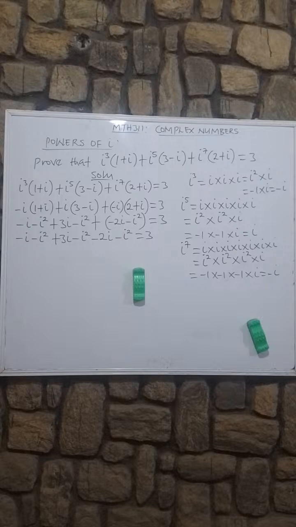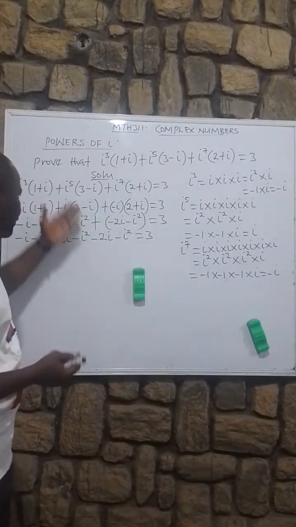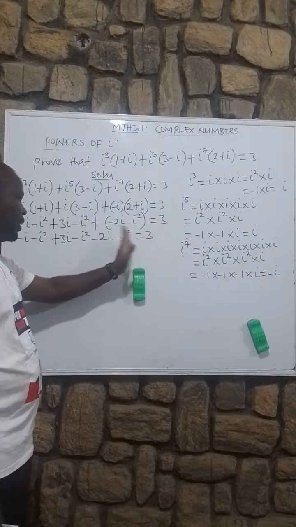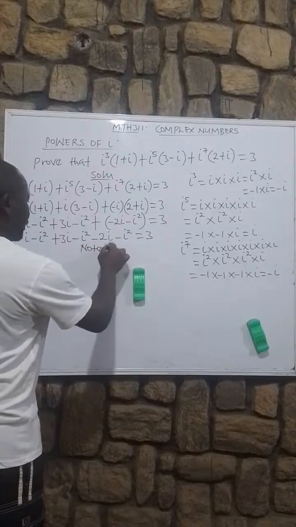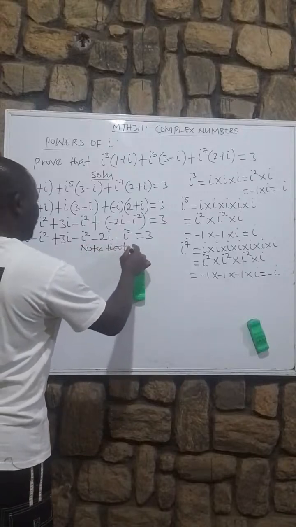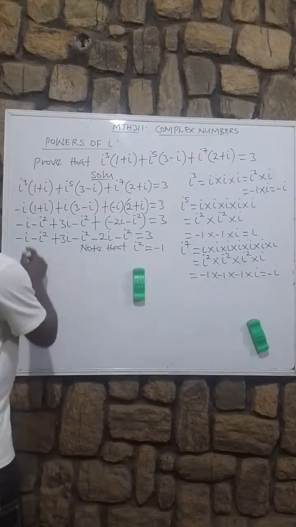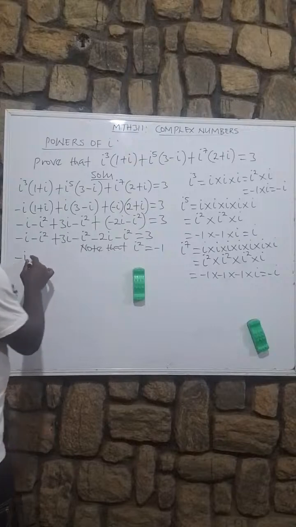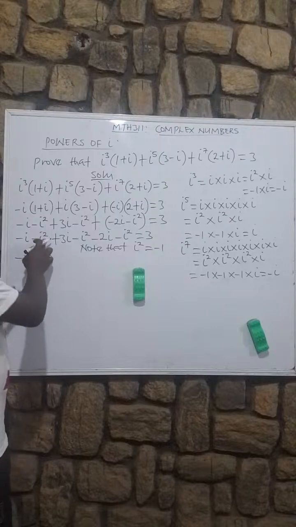Okay, so all this proving is for us to have 3. Note that I squared equals minus 1. So here we are going to have minus I, minus open bracket minus 1, because instead of I squared we write minus 1.